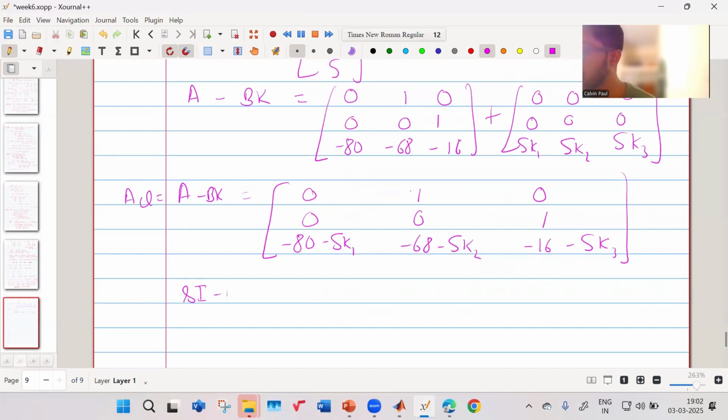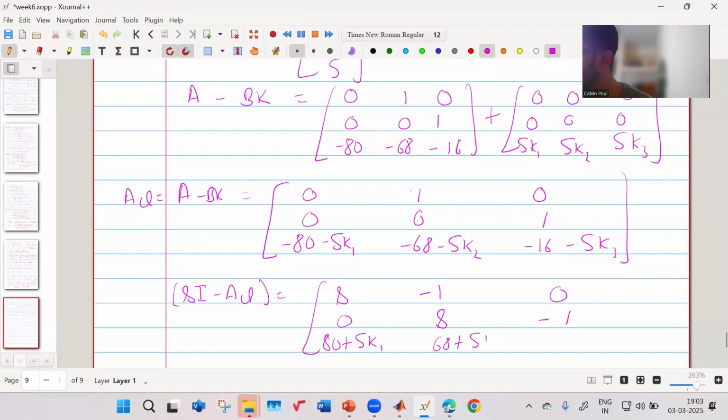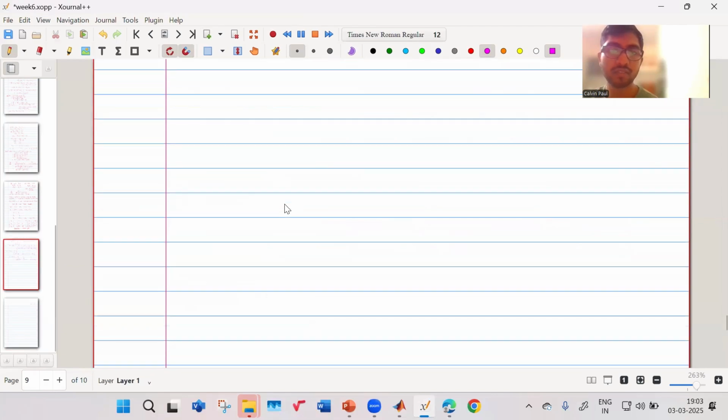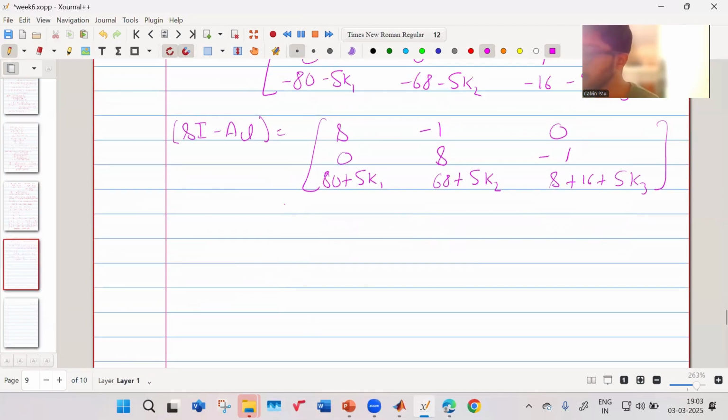So your sI minus A closed loop will be equal to s, minus 1, 0, 0, s, minus 1, 80 plus 5k1, 68 plus 5k2, s plus 16 plus 5k3. So now we expand it and find the determinant. sI minus A closed loop should be equal to 0.